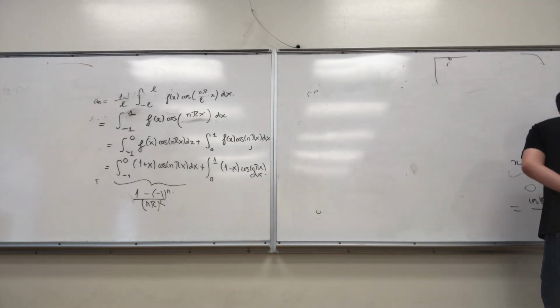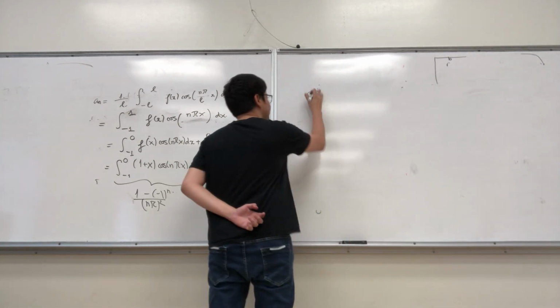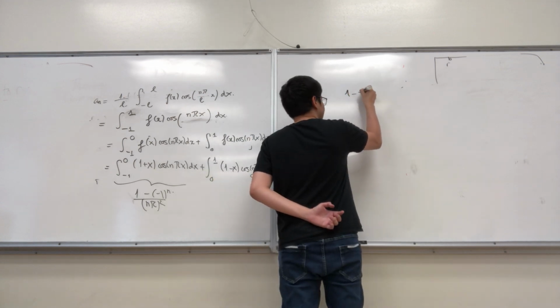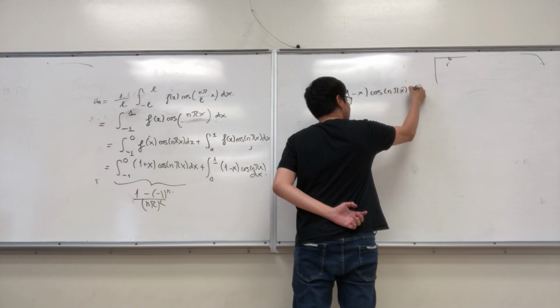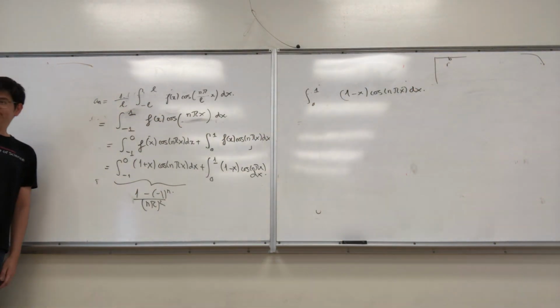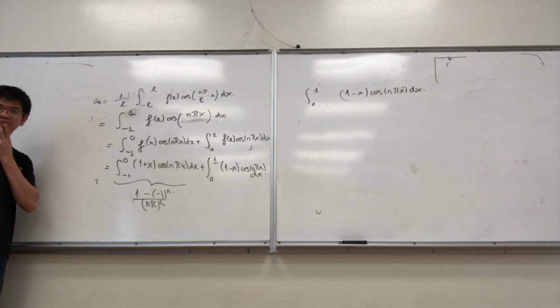Right, so let us try to compute the second one. So the second one will be the integral from 0 to 1 of 1 minus x cosine of n pi x dx, right? So how can we compute this?